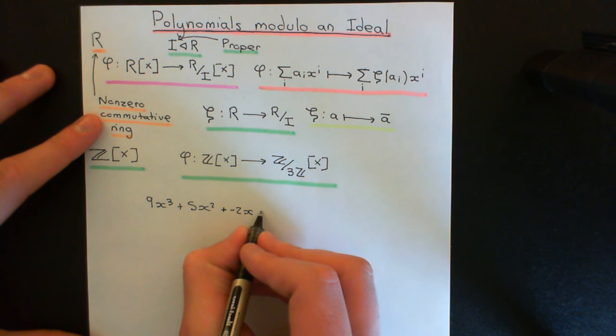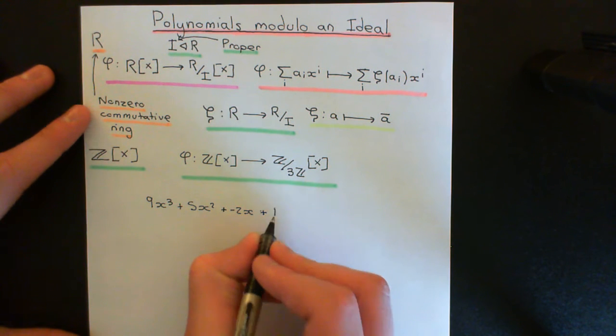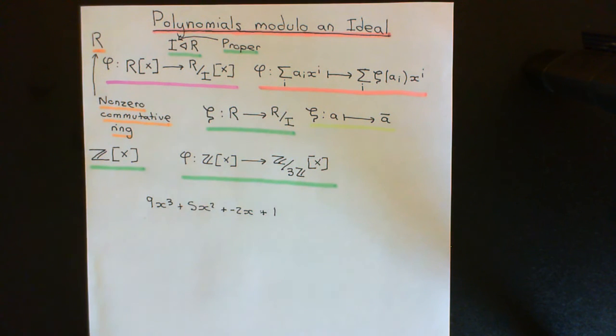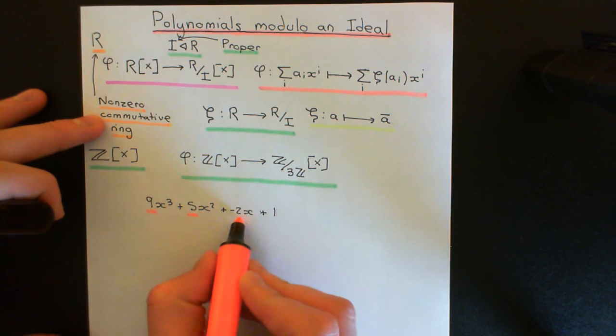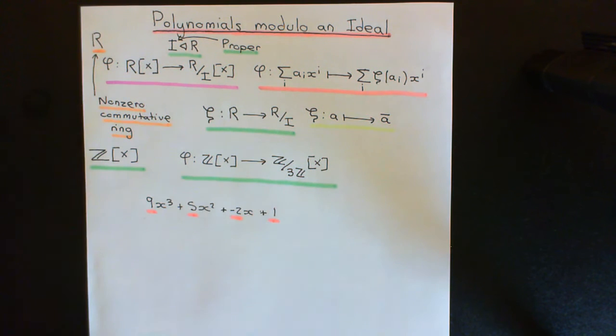And then, what else should we have? Plus 1, let's say. So this is certainly a polynomial in the ring of polynomials with coefficients in the integers. You can see that all the coefficients here, 9, 5, negative 2, and 1, are all integers, so this is certainly in the ring of polynomials with coefficients in the integers.